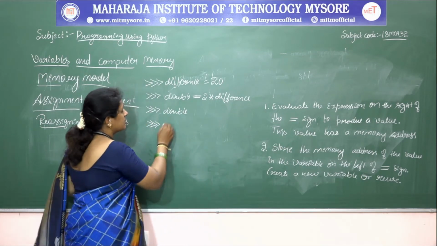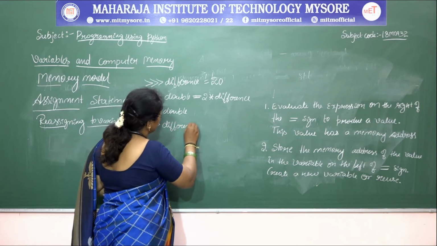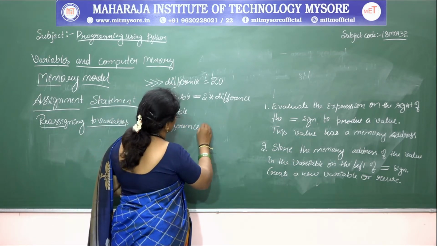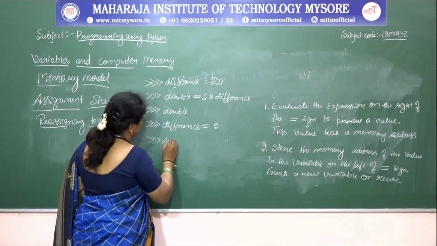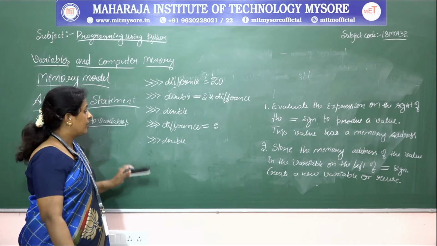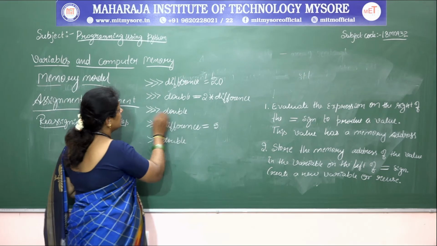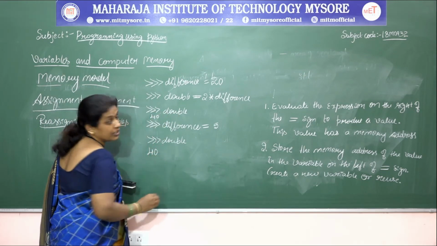After this I am just reassigning a value to the variable difference. Then print double. So with this I will get output as 40.